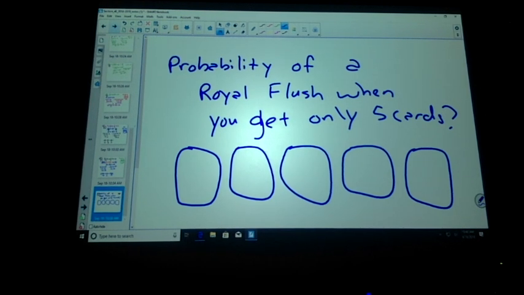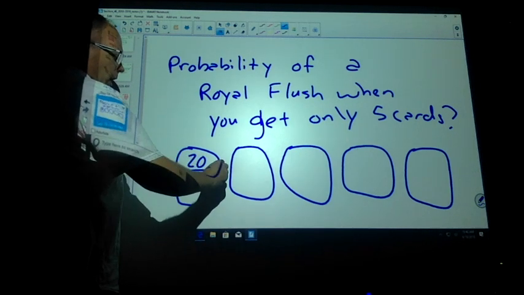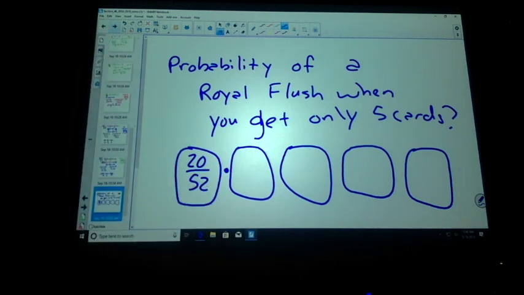How many of those cards are 10, jack, queen, king, ace? There's 4 suits, right? So we have 20. So we have a 20 out of 52 probability of getting one of those cards.